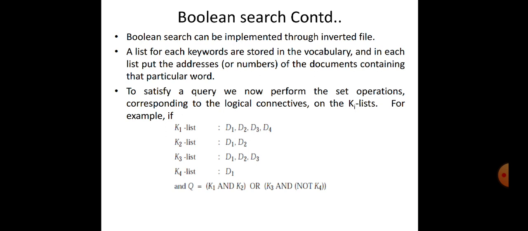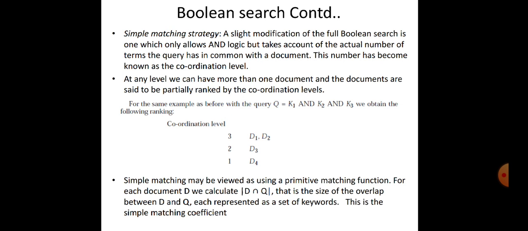In these three lists, D1 and D2 are the common documents. So in full search, we would get only D1 and D2. But K1 is also present in D3 and D4, and K3 is present in D3. So we also get the partial search documents at these levels. Hope it is clear.